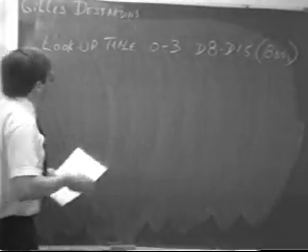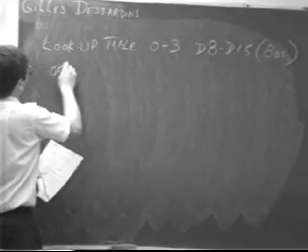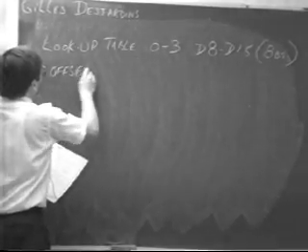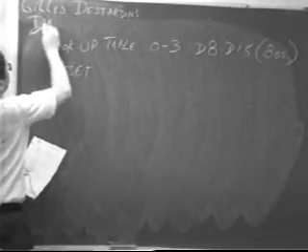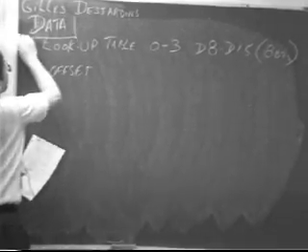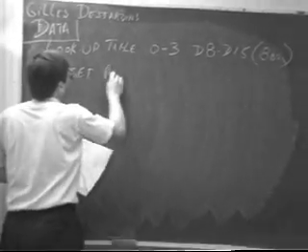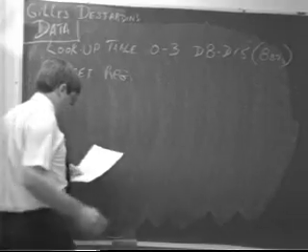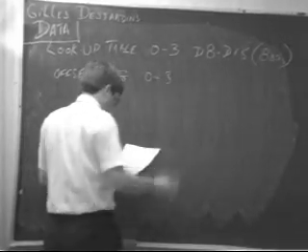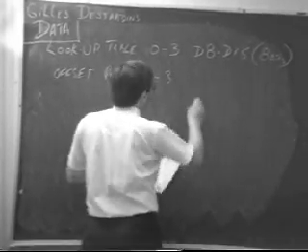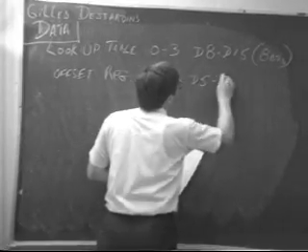For the offset register, this is for data, we'll have 11 bits, D5 to D15.